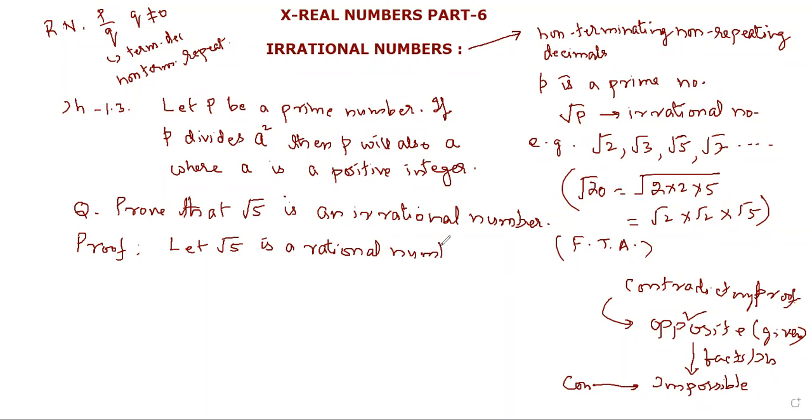When it is a rational number, it will follow all the properties of a rational number, because we have supposed that it is a rational number.